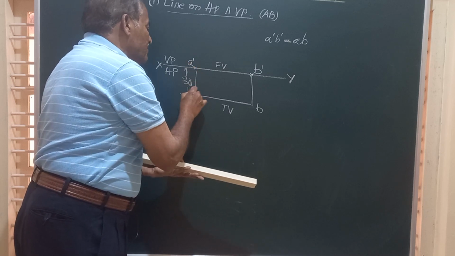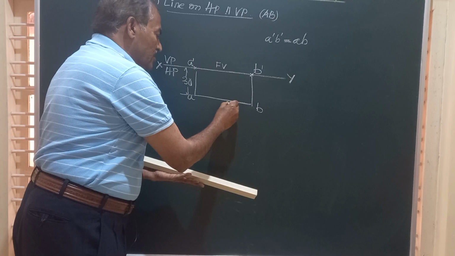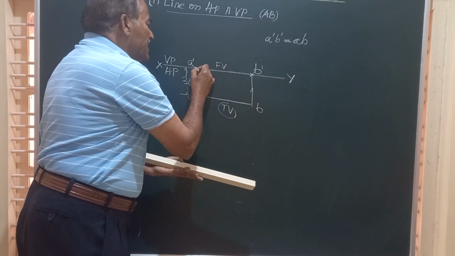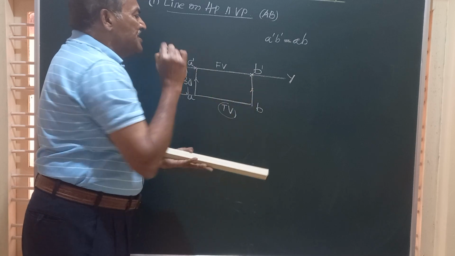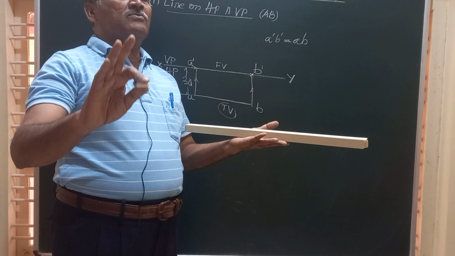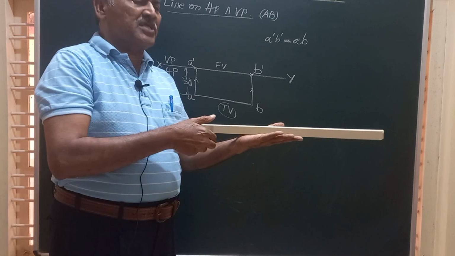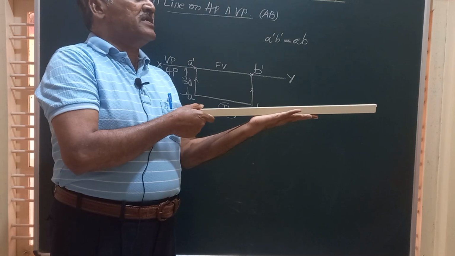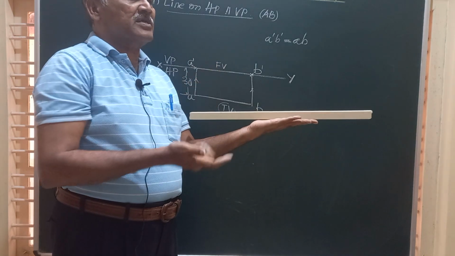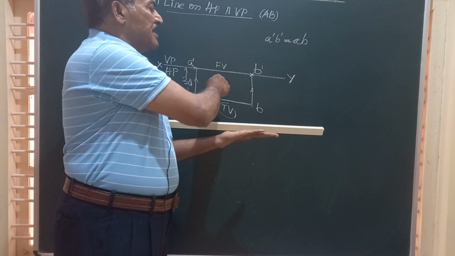So we draw a line first here, AB, the top view. We project lines from there and obtain A dash B dash in the front view. So we can generalize, whenever a line is lying on HP, whether it is parallel to VP or inclined to VP, it is seen as a line.